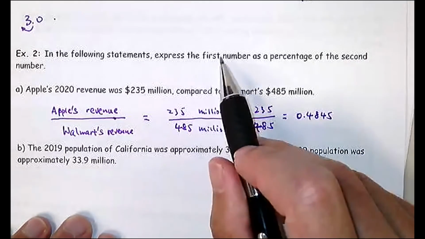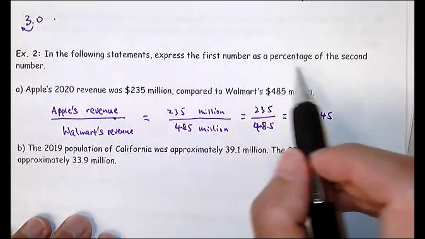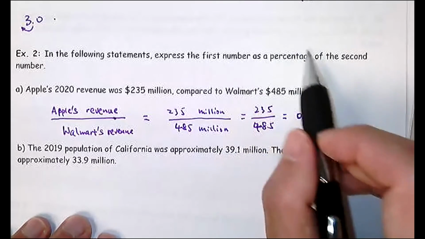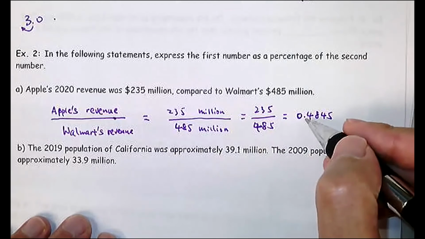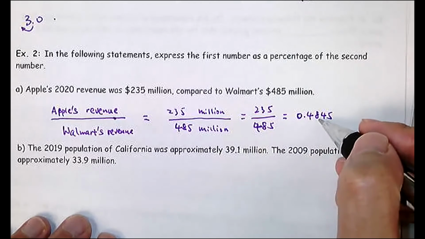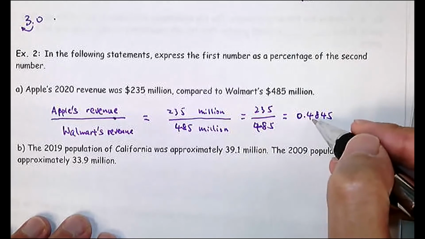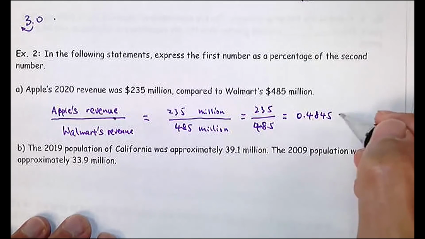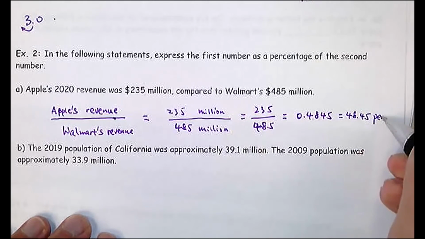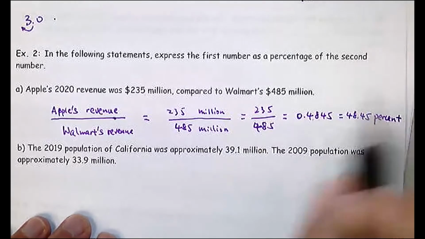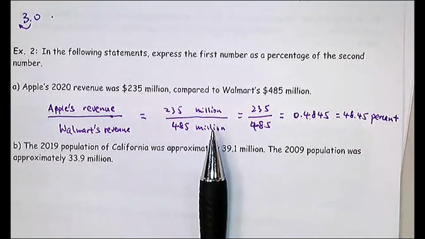But the question wanted us to express the first number as a percentage. So we need to move the decimal 2 places to the right. So we should give you 48.45%. That's it. Anybody has any question?